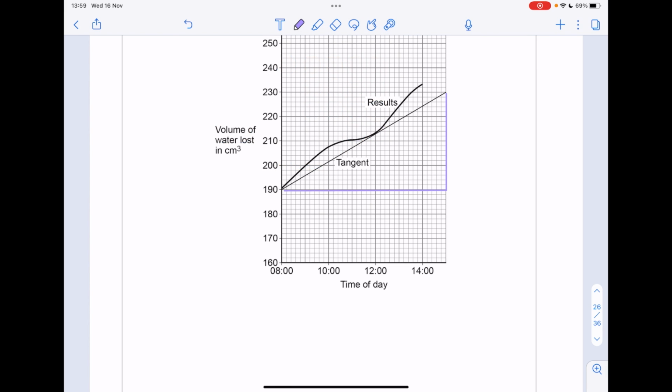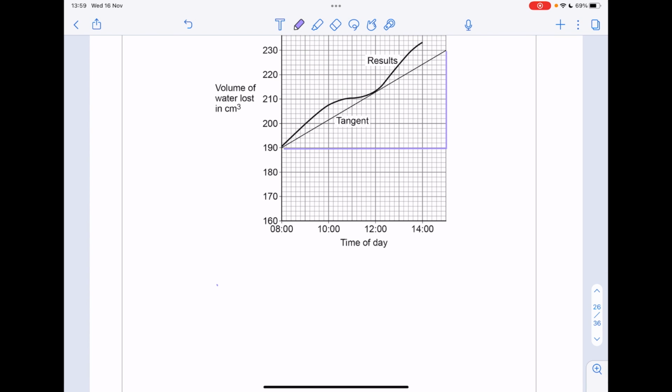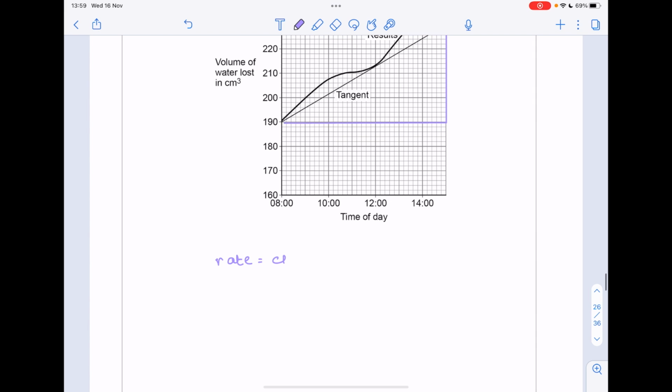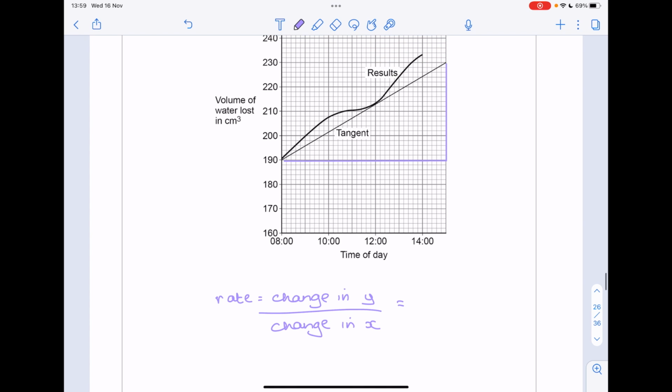Because it's a rate, we want to do change in y over change in x. Let's keep our units in check as well. So change in y, let's look from here, 190 to 230 is 40. Our unit there is centimetres cubed. Change in x.